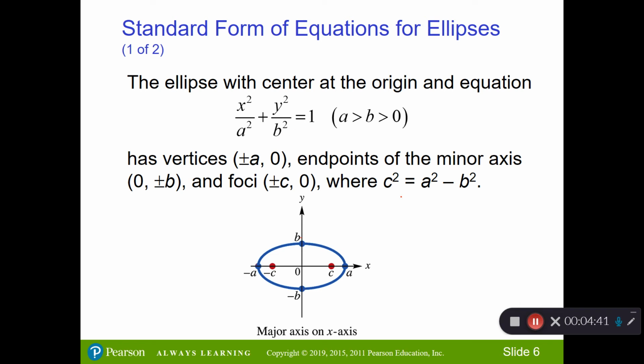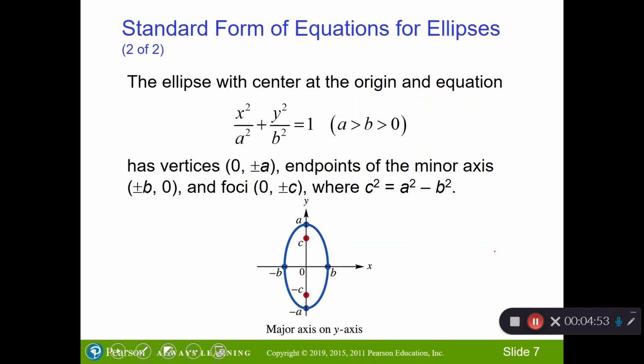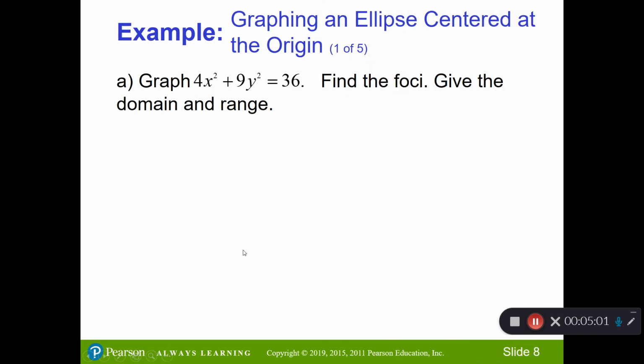Then I can find the foci using this formula, the bigger number squared minus the smaller number squared. But we're not going to use these formulas because we're just going to remember that bigger, smaller thing that I said.